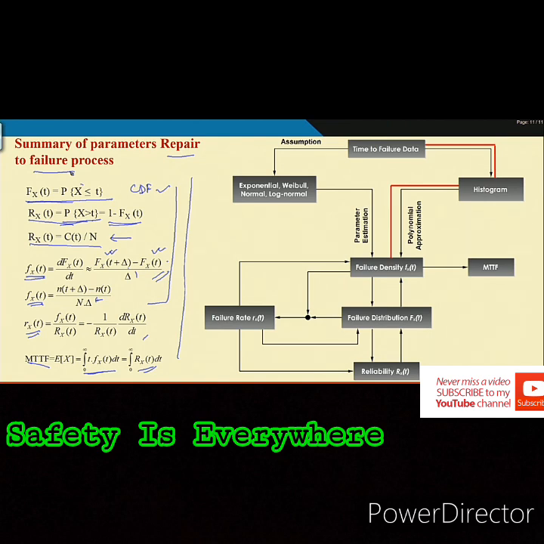So, under parameter estimation, what are the things given? Failure density, cumulative distribution function, reliability, hazard rate or failure rate, and mean time to failure have been discussed.